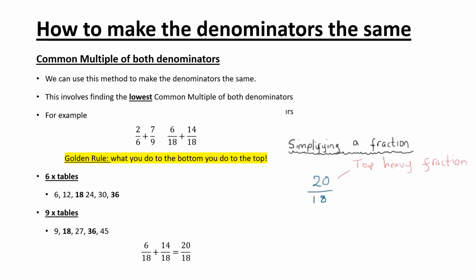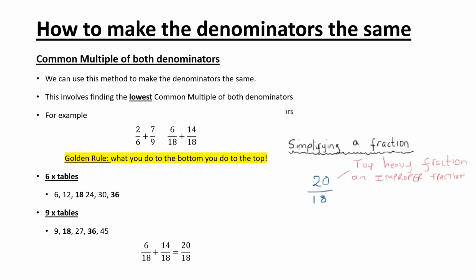And the actual terminology for this is, let's write this down, an improper fraction. It's called an improper fraction because it's not proper. It should have a smaller numerator and a larger denominator. So we've got to sort this out.